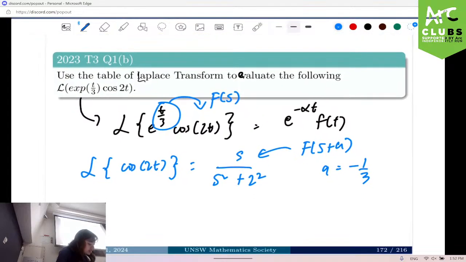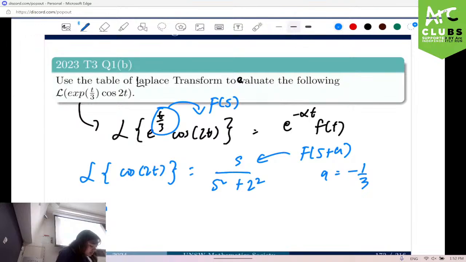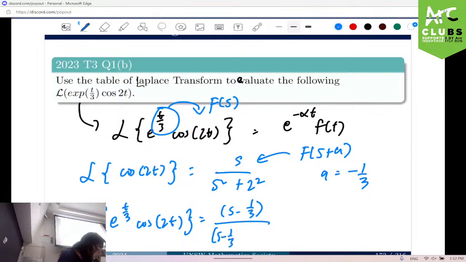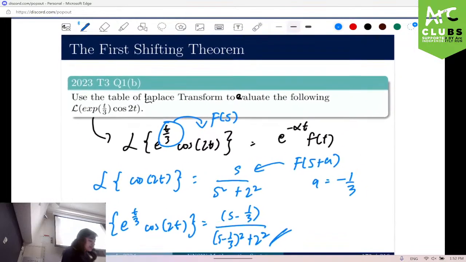So therefore, the Laplace of e to the t over 3 cos 2t would just be s minus a third over s minus a third squared plus 2 squared. That's it. Very simple.